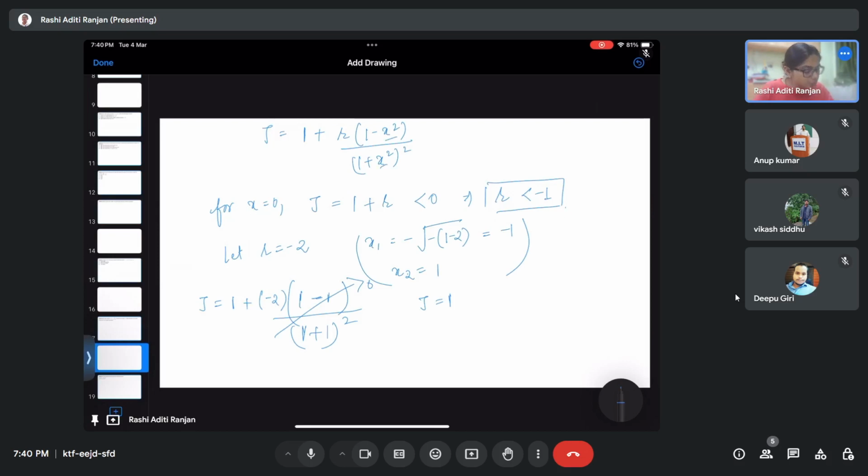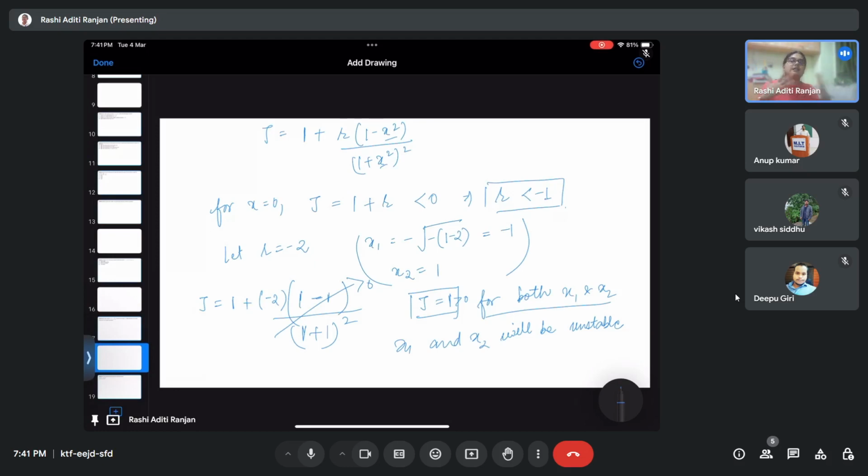So the Jacobian is going to be 1 for both x1 and x2, and 1 is actually greater than 0, which means x1 and x2 will be unstable. It will be unstable everywhere, or should I say it will be unstable wherever they exist.